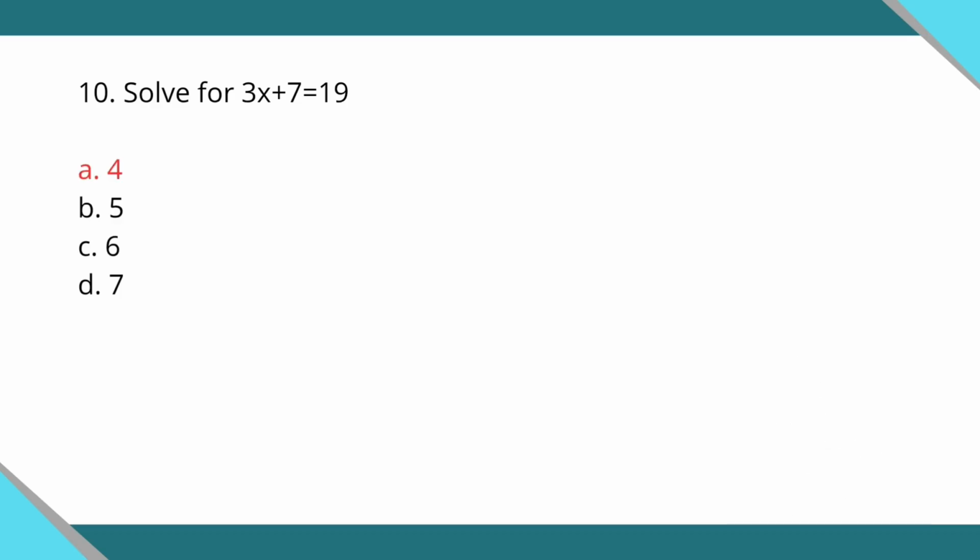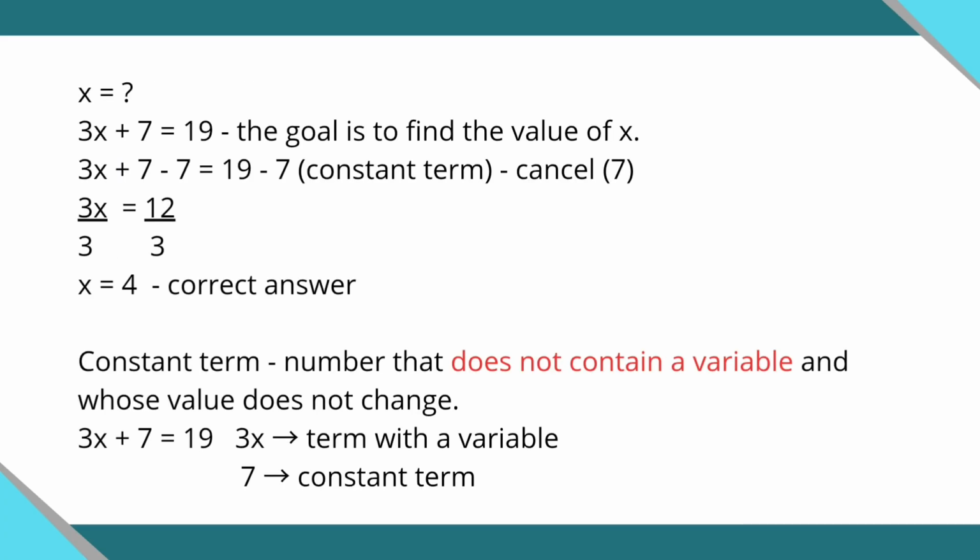To solve the equation 3x + 7 = 19, the goal is to find the value of x. The process begins by removing the constant term, which is the number that does not contain a variable and whose value does not change. In the equation 3x + 7 = 19, the number 7 is the constant term because it has no variable, while 3x is a term with a variable.